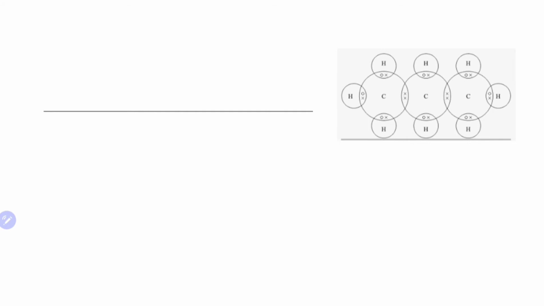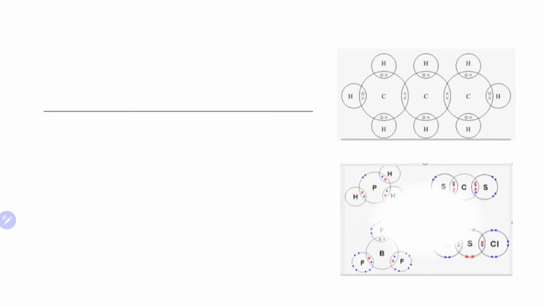Here we have examples of C3H8, PH3, CS2, BF3, and SCl2. For CH3, one carbon has 4 valence electrons. This one is carbon.